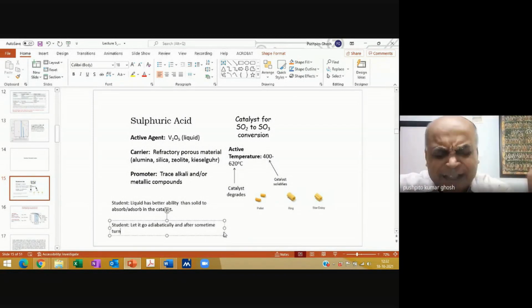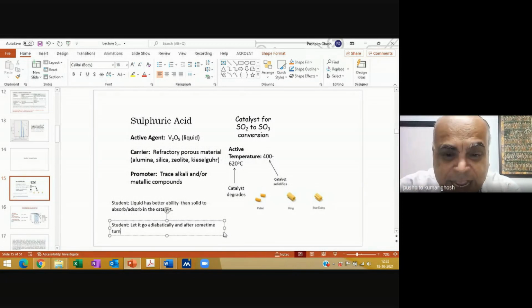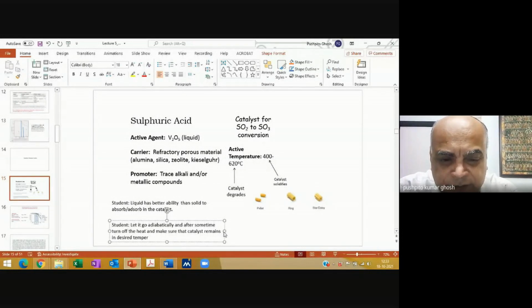I think, broadly what you're saying is correct. And after some time, turn off the heat, and make sure that the catalyst remains in the desired temperature range. That's what you're trying to say, right? Correct?